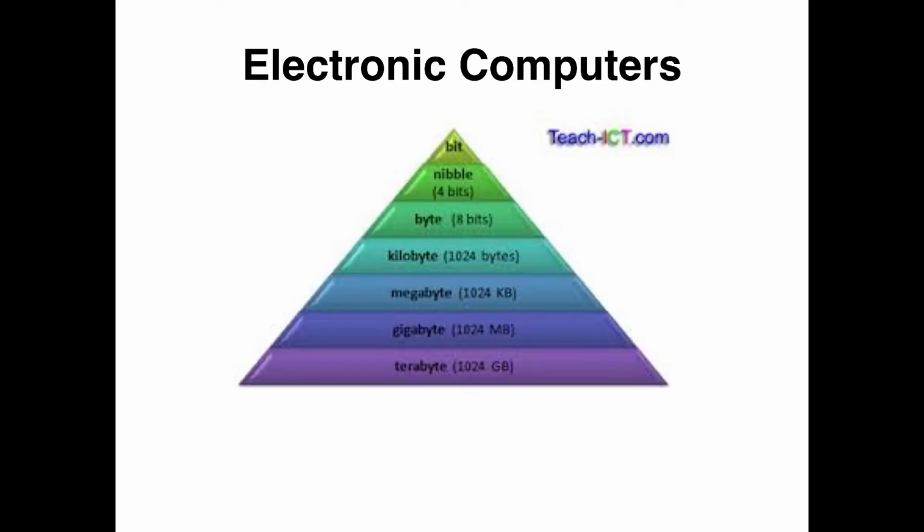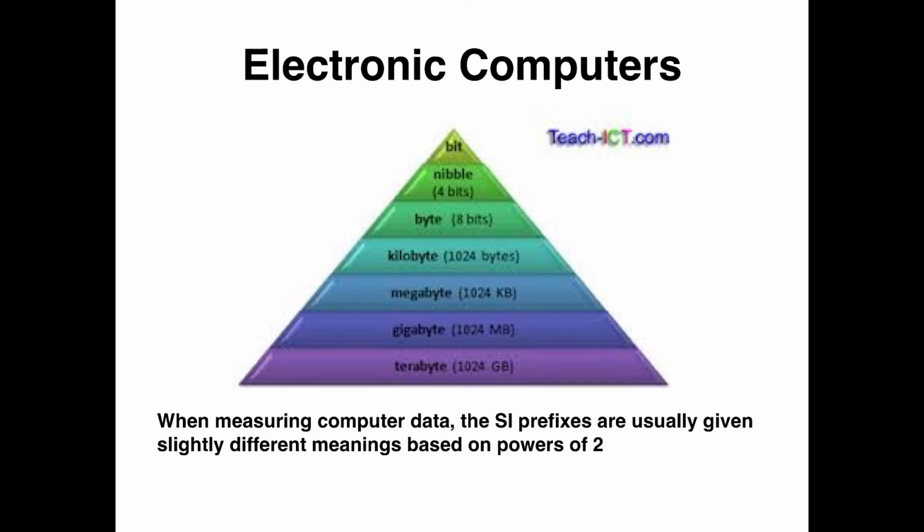So at the top you start with a bit. 8 bits are a byte. 1,000 bytes, 1,024, is a kilobyte. Then you've heard of megabytes, gigabytes, and terabytes. So when measuring computer data, the SI system usually gives a slightly different meaning based on the powers of 2.